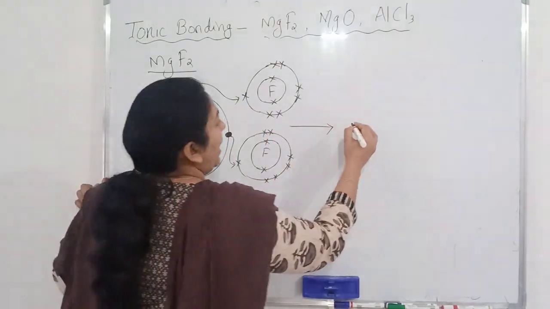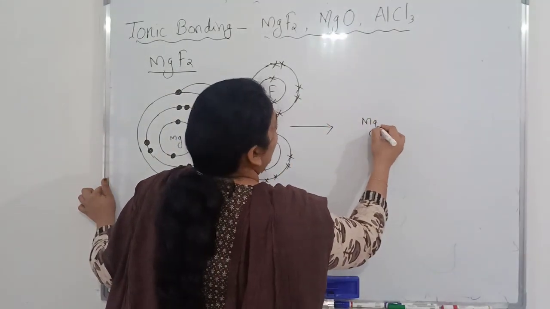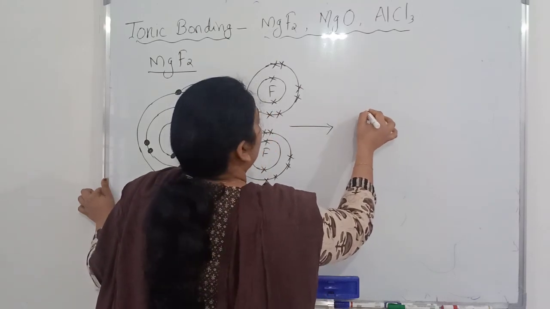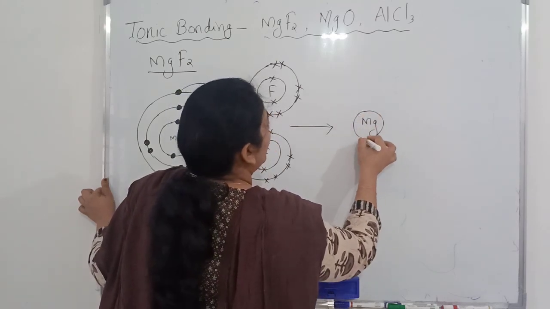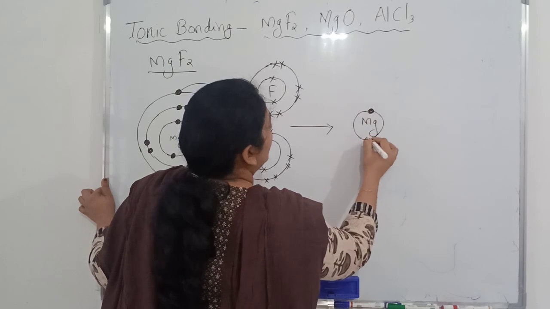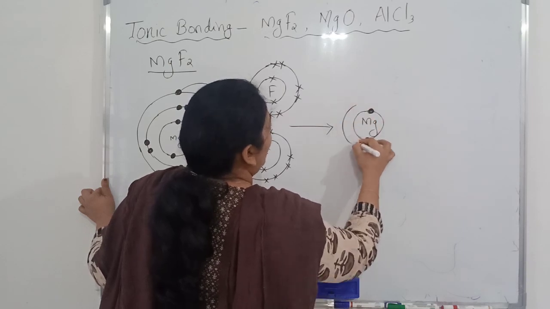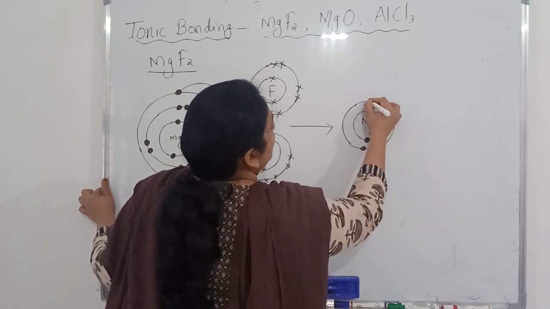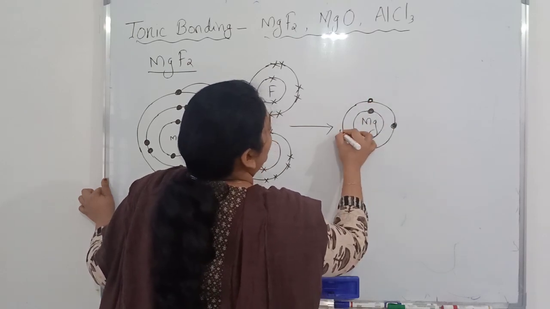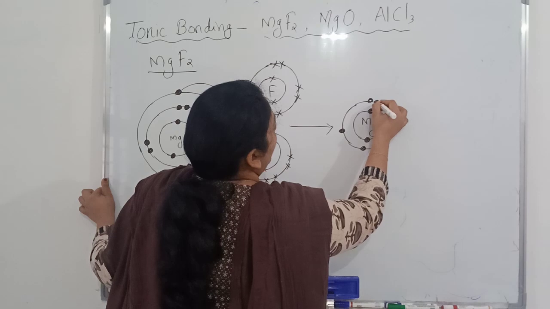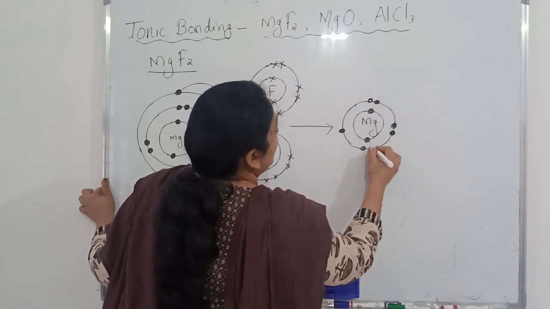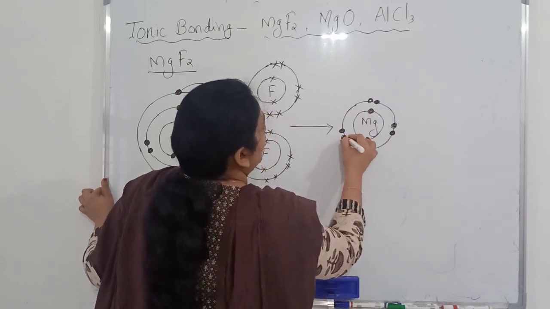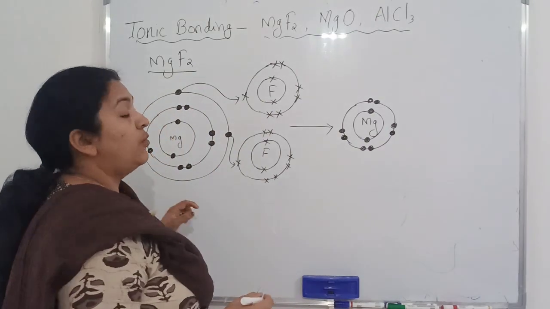Okay, so now what happened to magnesium? Magnesium's third shell is lost now. Okay, so we don't want to draw the third shell, only 2 shells in magnesium. 2, 3, 4, 5, 6, 7 and 8. Magnesium got octet, isn't it? But what happened?